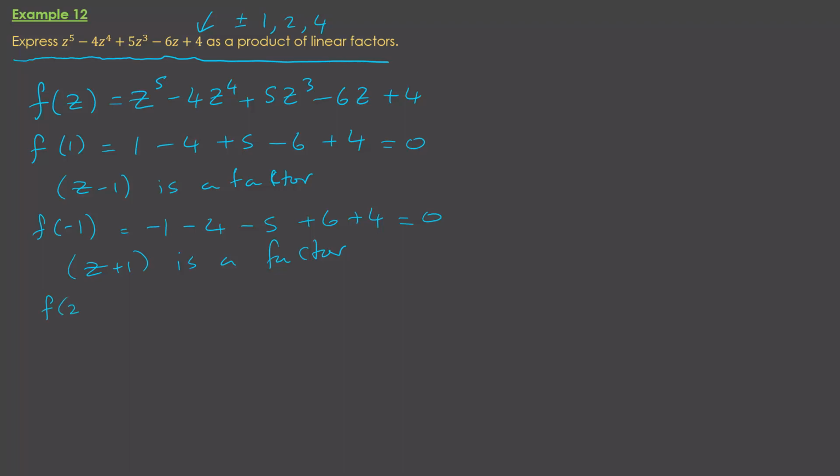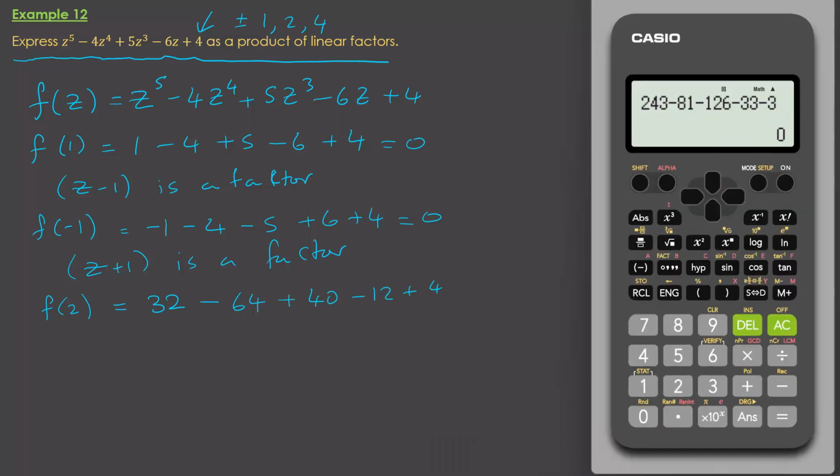What about f of 2? So that would give me 32, take away 64, plus 5 times 8, which is 40, take away 12 plus 4. What does that come to?